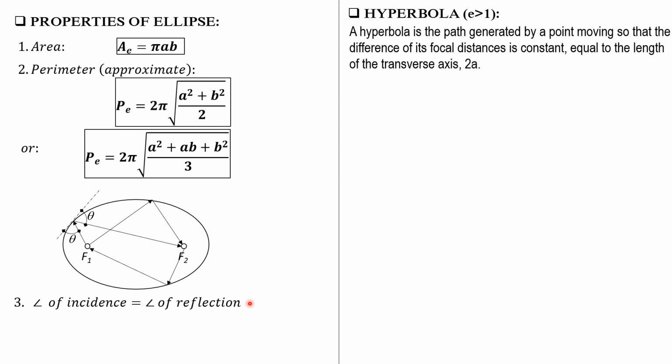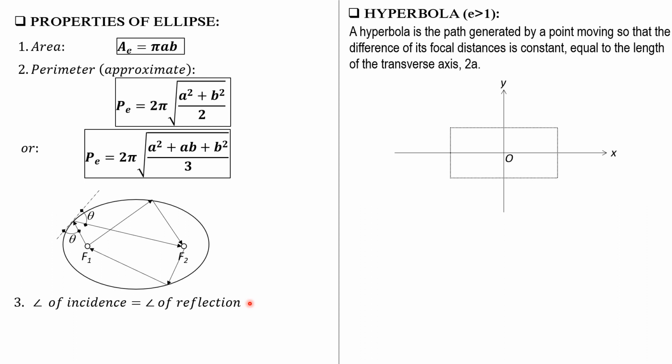So let's consider first a hyperbola with center at the origin and define all its elements, such as the vertices, foci, then the asymptotes.